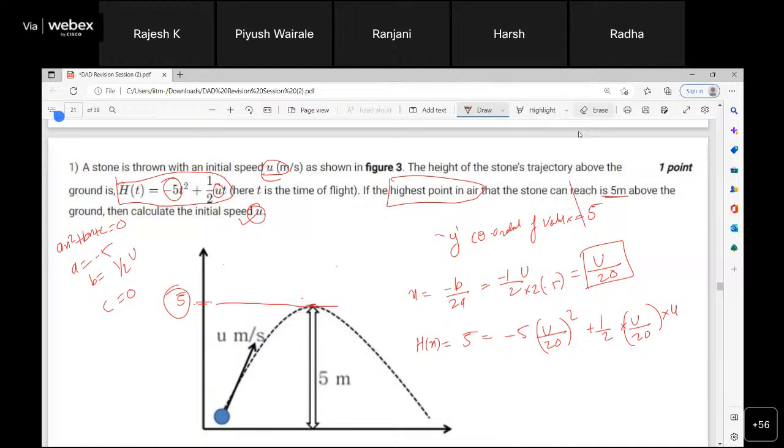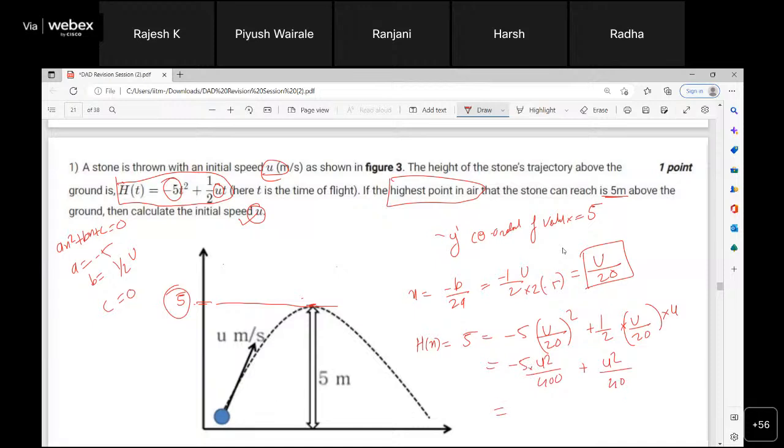Any doubt in this part? Okay, I will simply calculate it. So minus 5u squared upon 400 plus u squared upon 40, right? Then how to solve this equation?